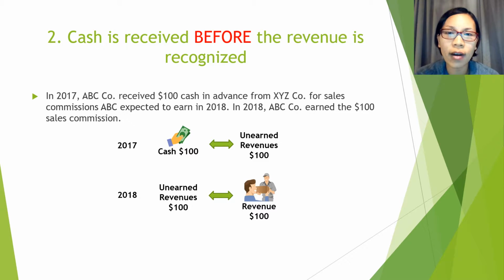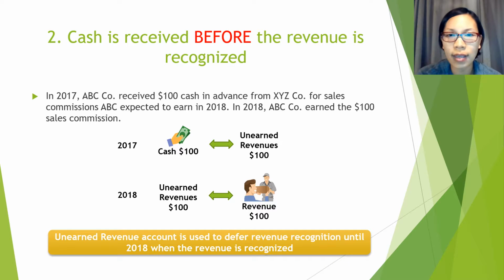In the following year, when ABC finally performed the service and earned the revenue, its liability is reduced. The cash is not recorded in 2018 because it was already recorded in 2017. The key point here is that unearned revenue is used to defer revenue recognition until 2018, when the revenue is recognized.